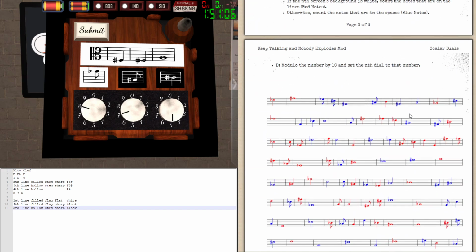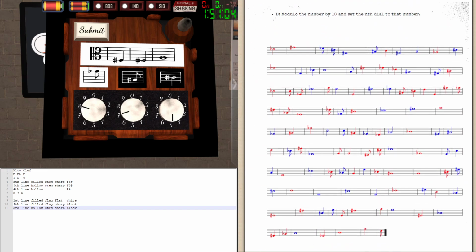So now we have to go through this. We don't have to know these notes in particular, but we need to know exactly each one. So first we have a first line, filled flag flat, which we need to find on here. Now, what's easy enough is that all these notes are color-coded.